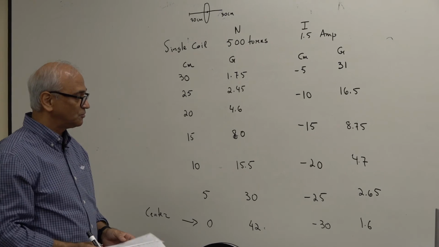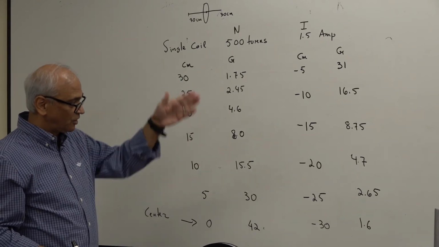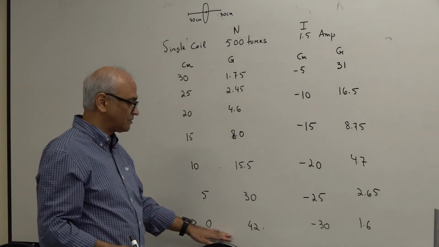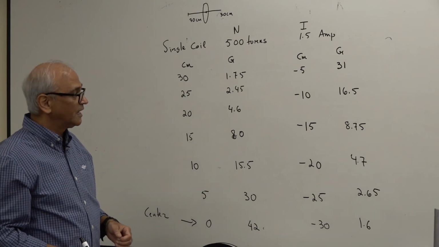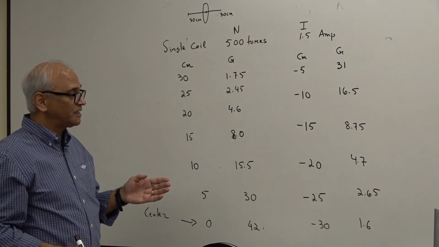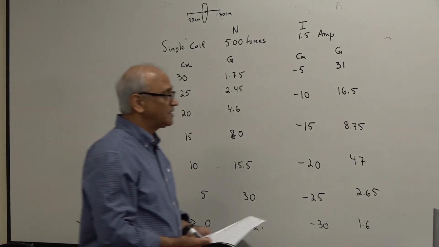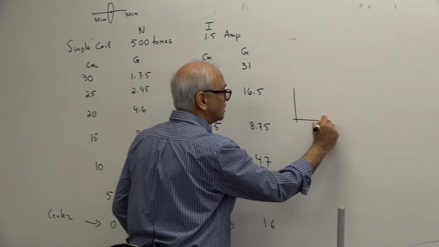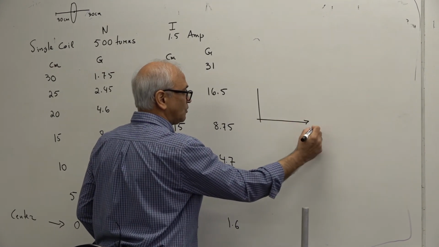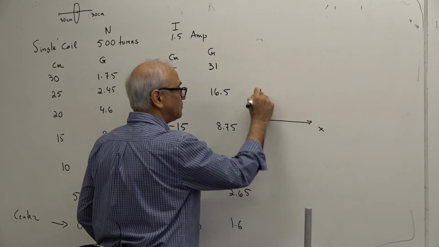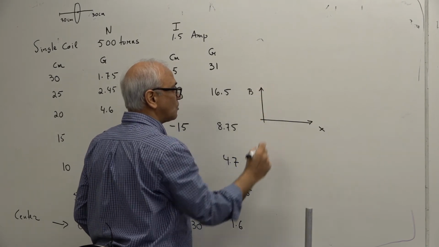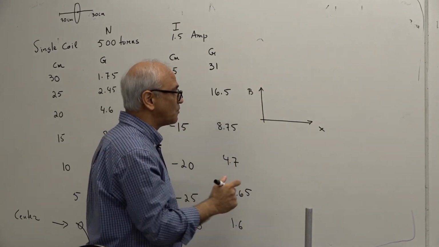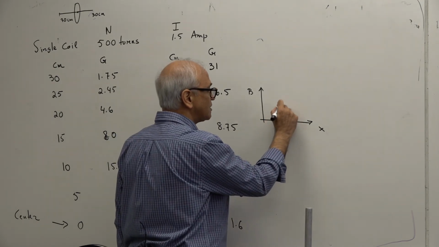So I want you to draw it. I know you'll get a hump at the center right here, which is 42 Gauss. What I want you to do is two things. This would be your value of x, and that would be the value of B. One is that you draw your data points like this.